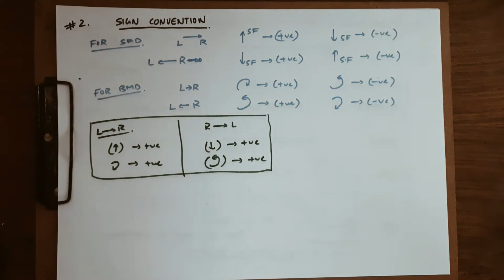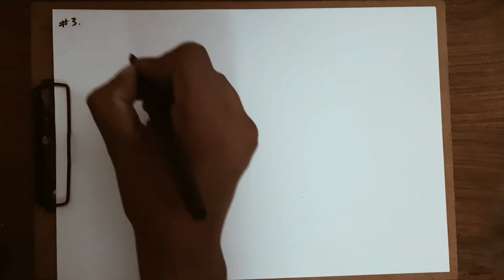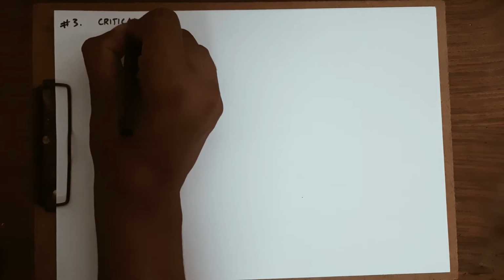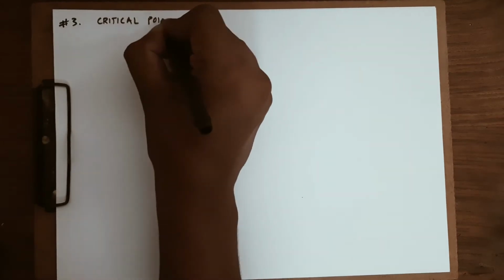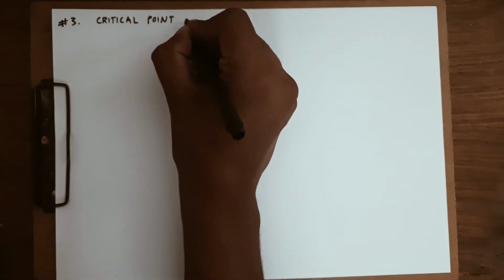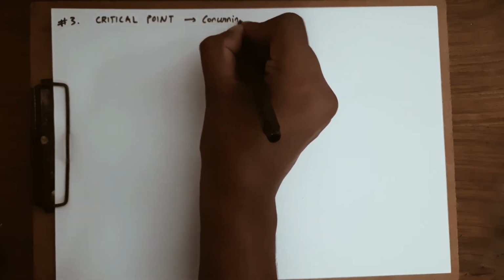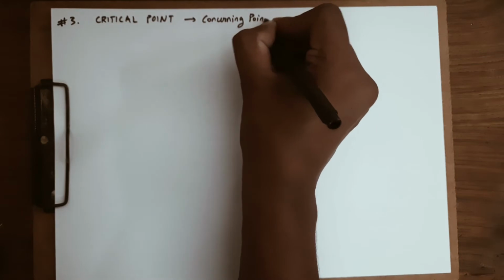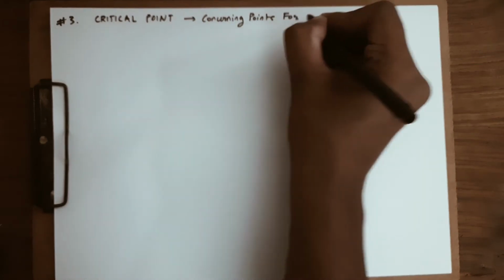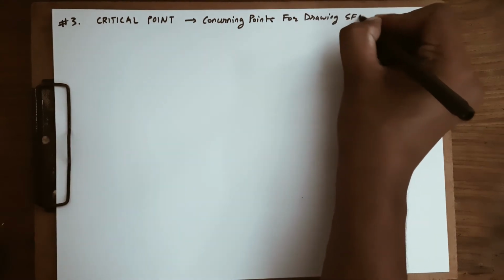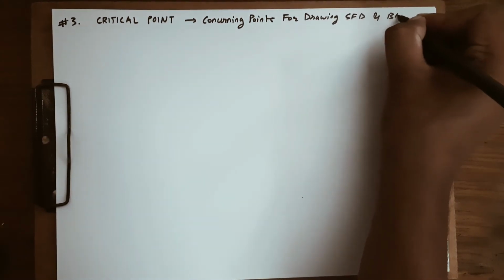Now we come to step 3. Now our step 3 is regarding critical points. Now what are critical points? These are the points that are major concerning points to draw SFD and BMD.